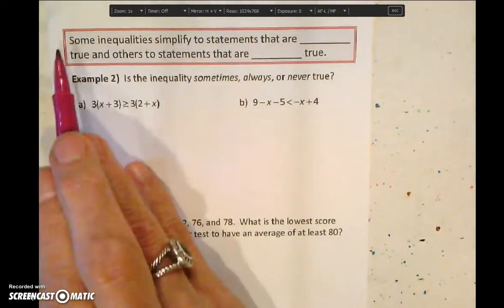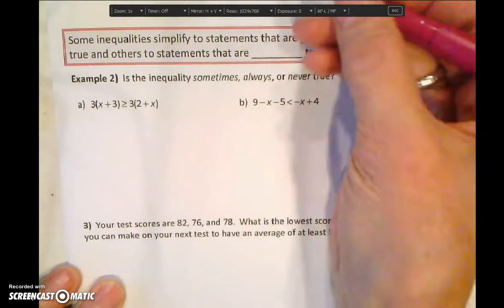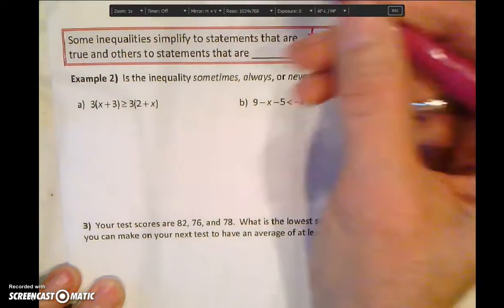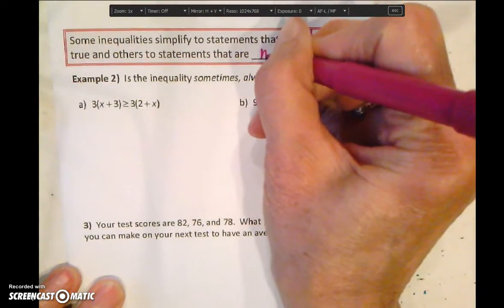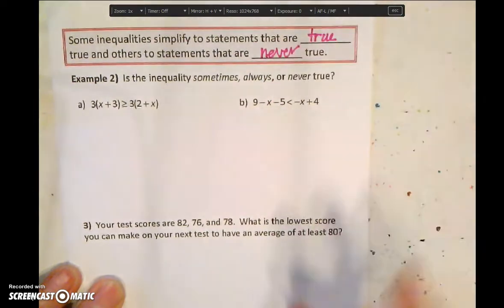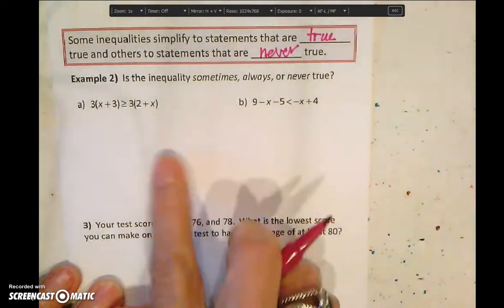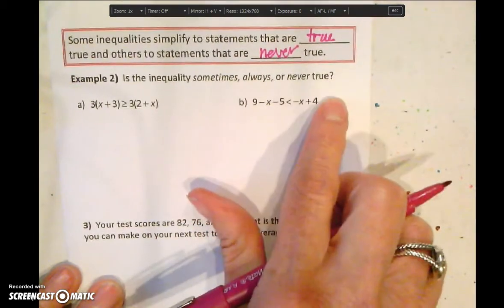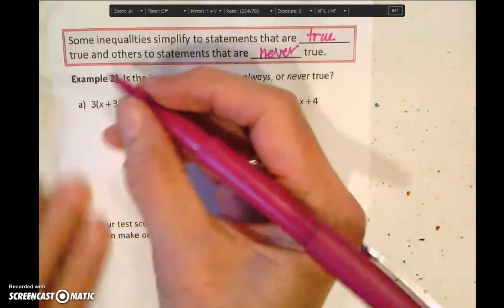Let's do these. Some inequalities simplify to statements that are always true, and others to statements that are never true. And on these problems, we'll look and see which ones will be sometimes, always, or never true.